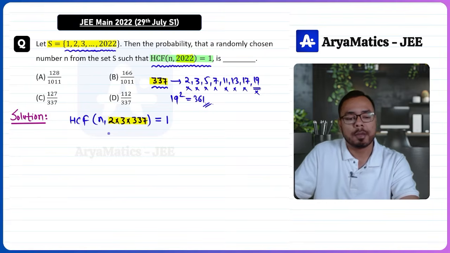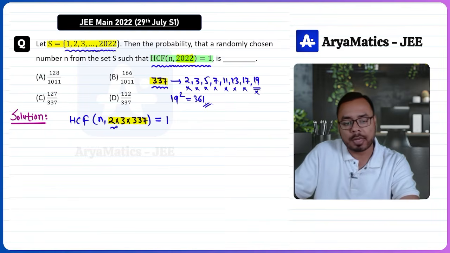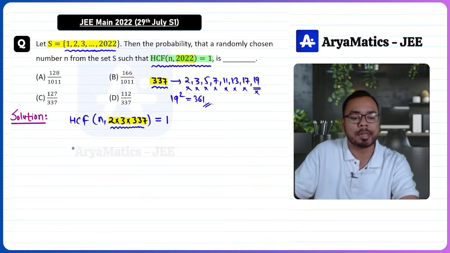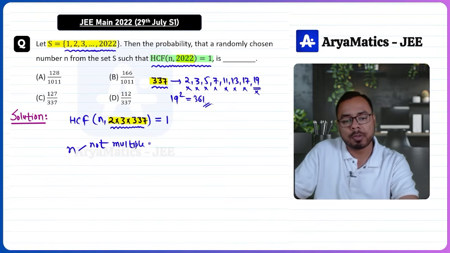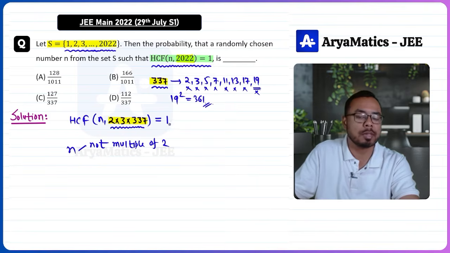Now, if the HCF of n and this number is 1, from this we can conclude that n cannot be a multiple of 2, 3 or 337. n is not a multiple of 2, because if it were, the HCF cannot be 1. Suppose n was 2, then the HCF will be 2.